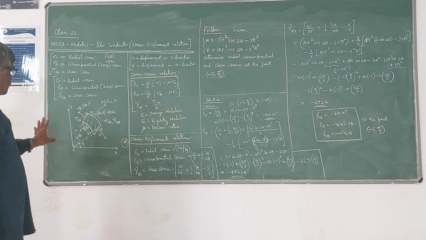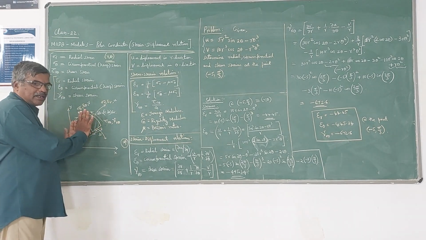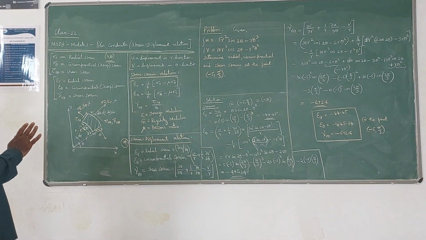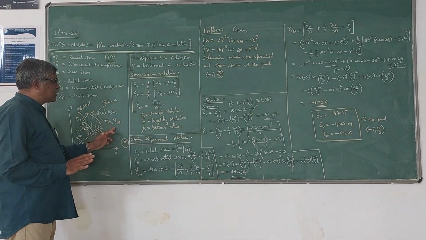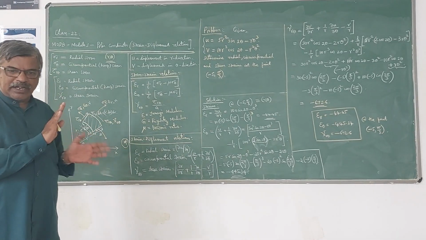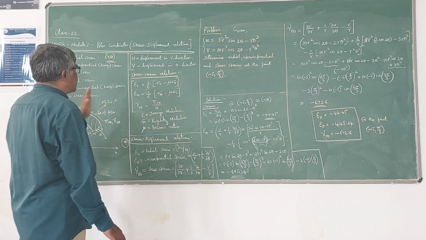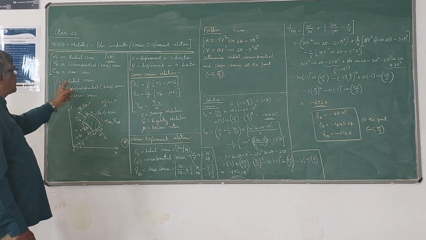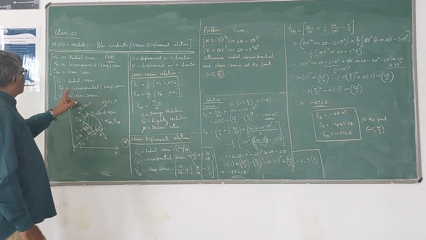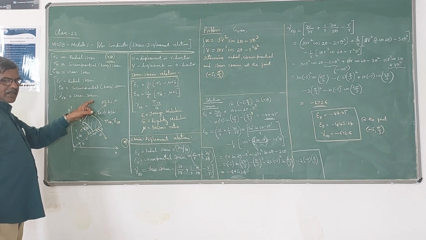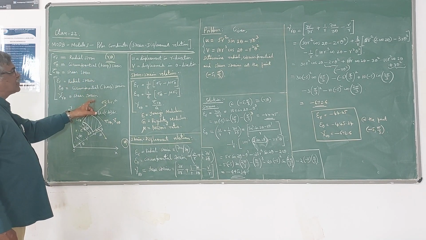So this is the diagram which shows all the three stresses, sigma r, sigma theta and tau r theta, and three strains, epsilon r, epsilon theta and gamma r theta, in a polar coordinate system. The strains are the radial strain epsilon r, epsilon theta the circumferential strain, and gamma r theta the shear strain. Corresponding to the stresses, these are the strains.